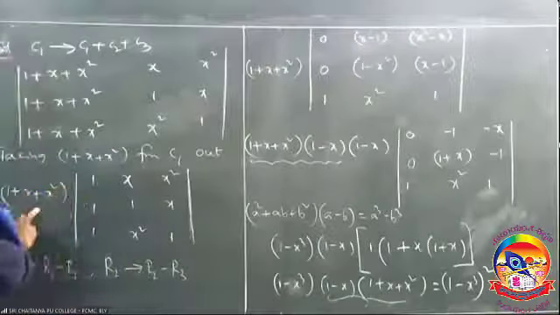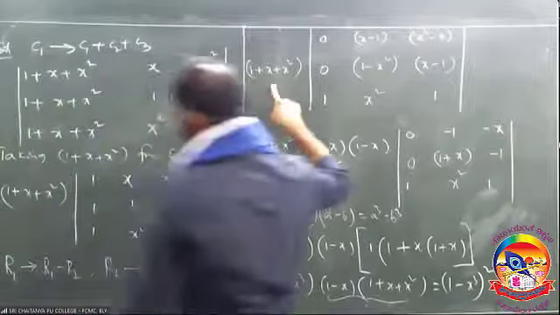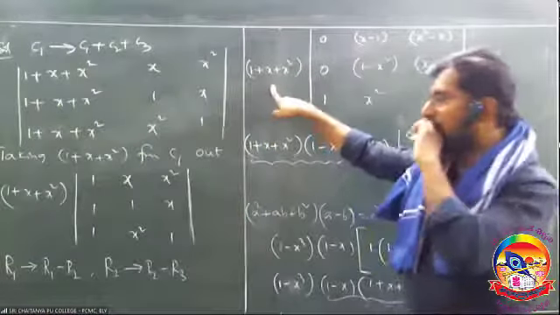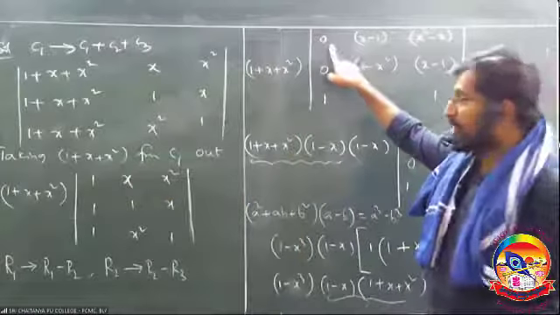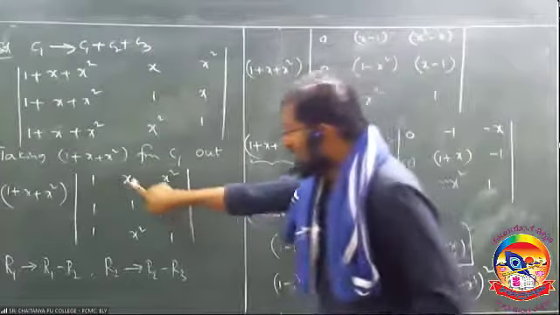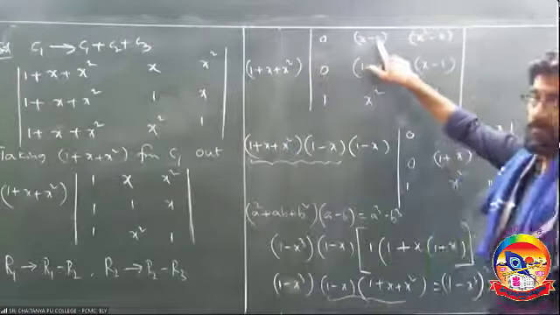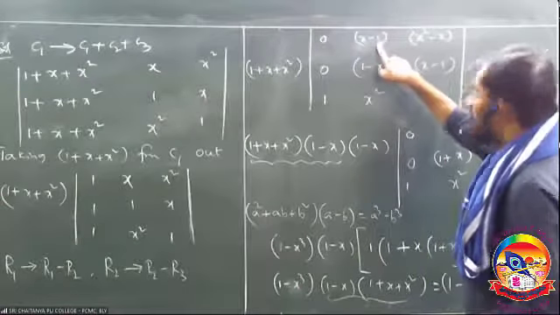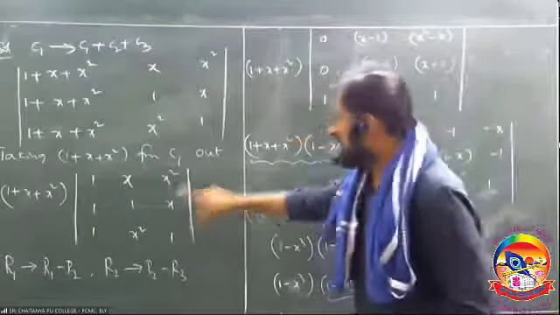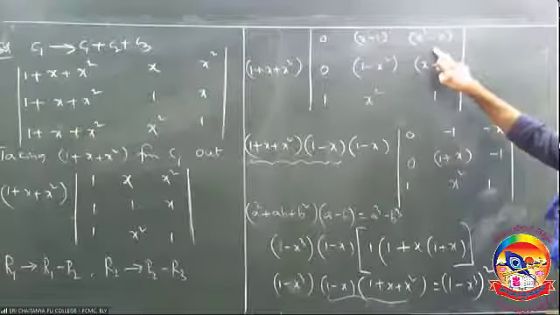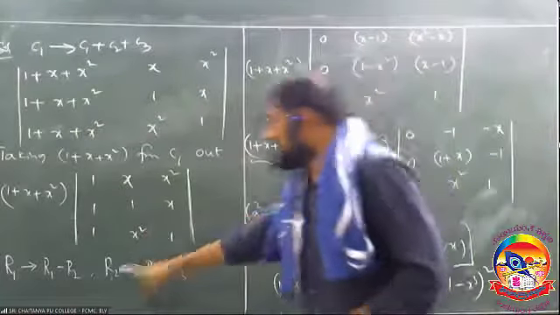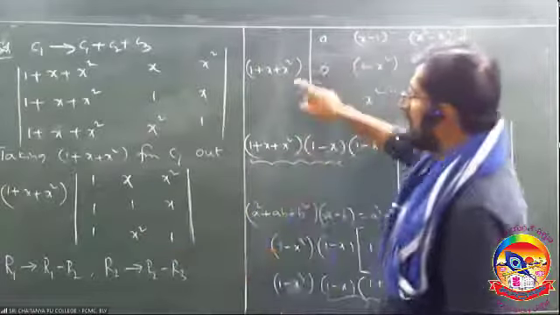Observe, this is as it is I wrote. Now, 1 minus 1 value is 0. X minus 1. R1 minus R2 now. X square minus x.